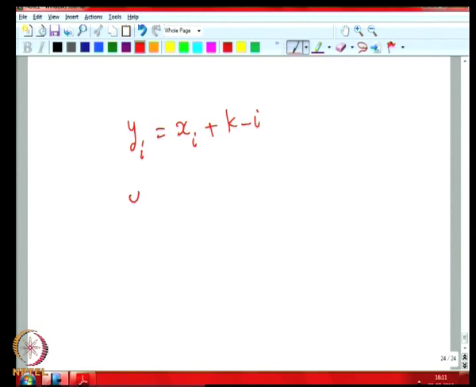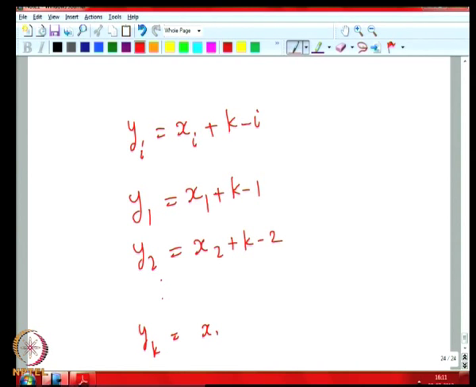So for instance, y1 will be equal to x1 plus k minus 1, y2 will be x2 plus k minus 2, and so on, and yk will be equal to xk plus k minus k, namely xk itself, right.